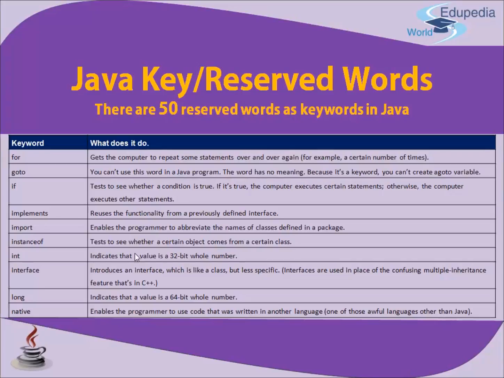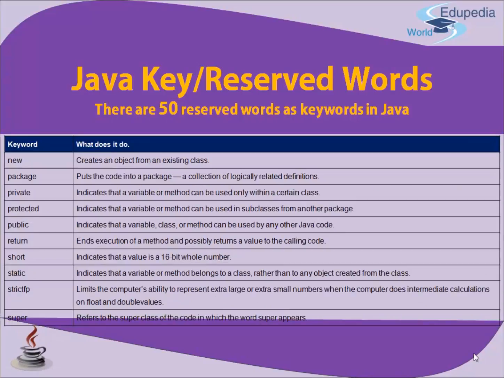Then you have native, which enables the programmer to use code that was written in another language, one of those awful languages other than Java. Now continuing with new, you are already well aware of this keyword. When you instantiate an object, it creates an object from an existing class.